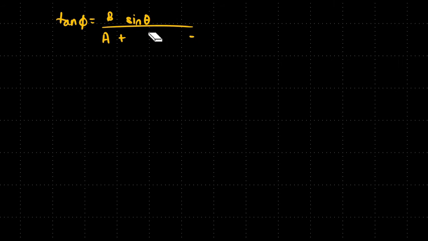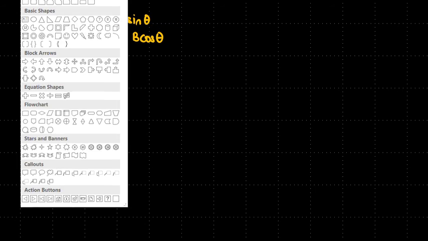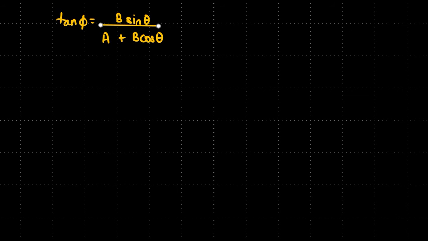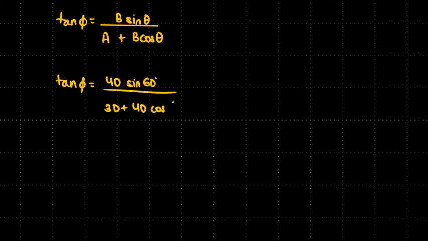Now we just need to put in all the terms, which is a pretty simple task. We have tan phi equals B sine theta over A plus B cos theta, with B as 40, theta as 60, and A as 30. I'm going to use the calculator to find phi directly.